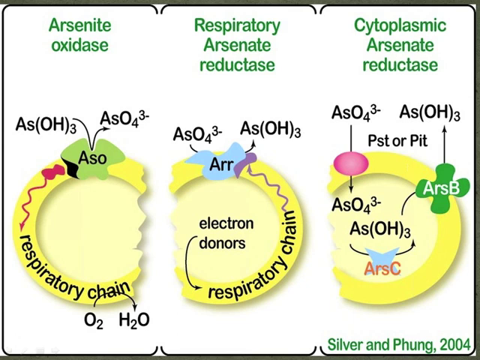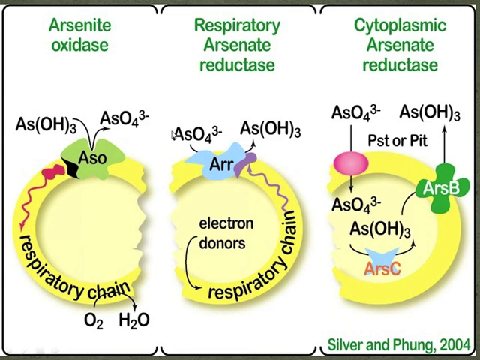And the ars operon for arsenic resistance is actually a very widely distributed operon in nature. There are lots of microorganisms that possess this gene, both from arsenic-contaminated environments, but also in environments that are not contaminated with arsenic. For example, E. coli is a fairly arsenic-resistant organism, and it possesses the ars operon. Okay, so that's arsenic resistance.